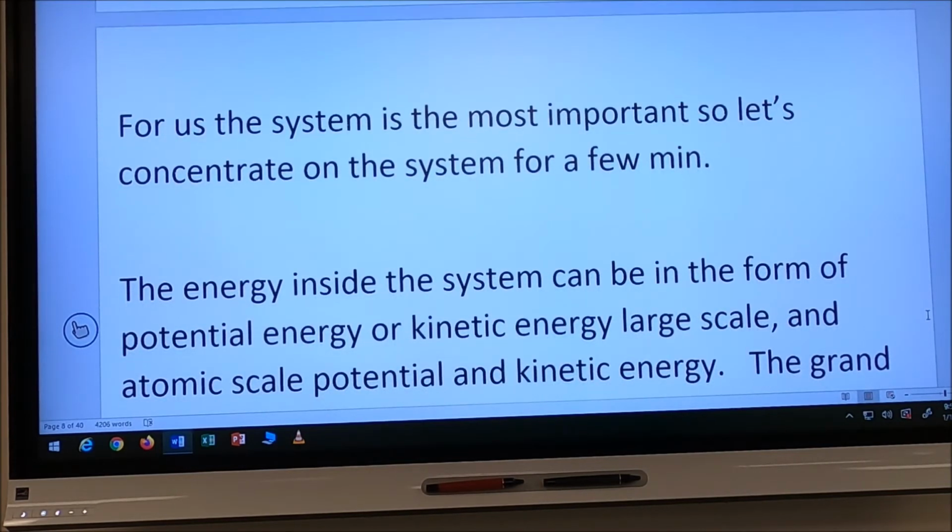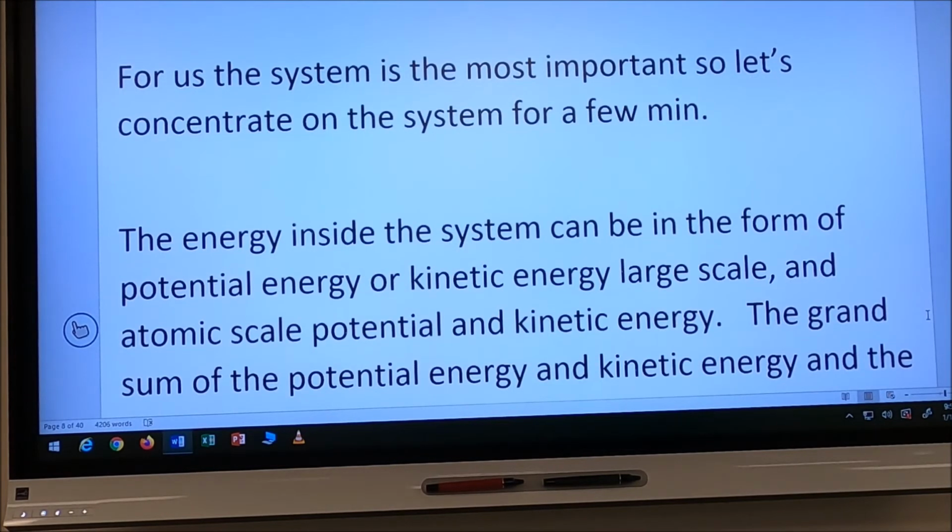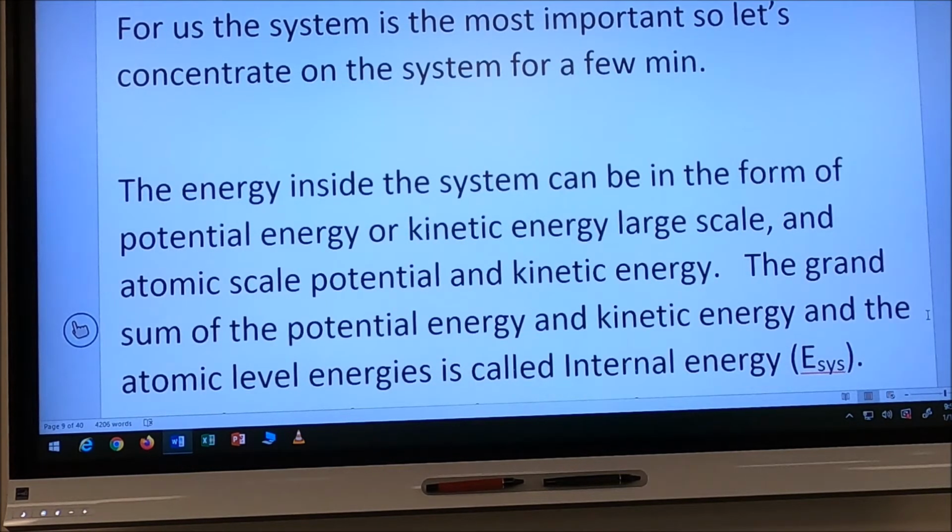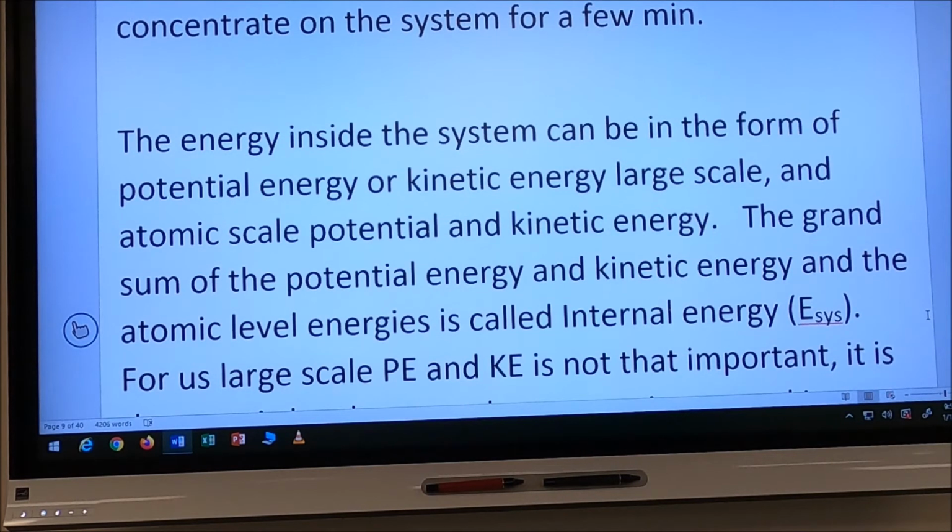The energy inside the system could have multiple forms. It can have potential energy, it can have kinetic energy, large scale, or it could have atomic scale potential and kinetic energy. Atomic scale we call submicroscopic because it's on a scale so small you can't see it with your eyes.